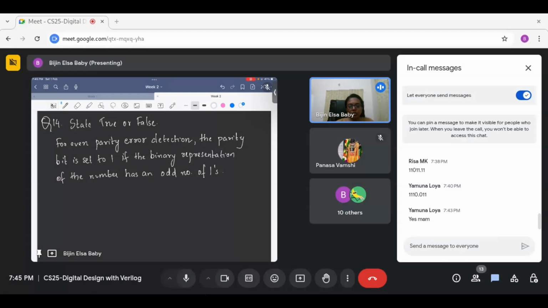This is a true or false question. For even parity error detection, the parity bit is set to 1 if the binary representation of the number has an odd number of ones.